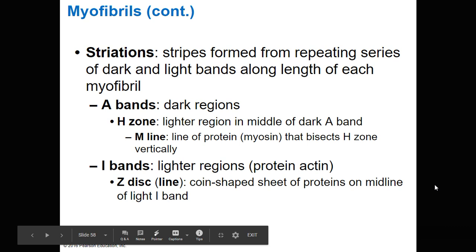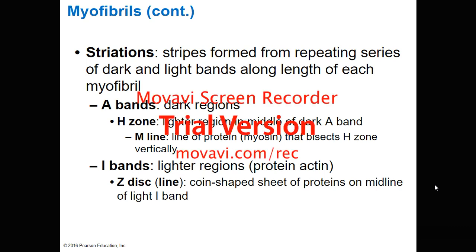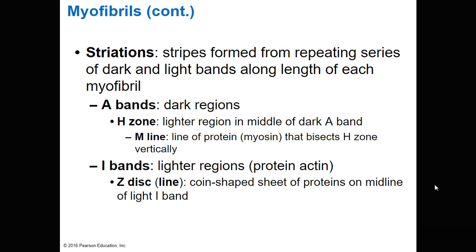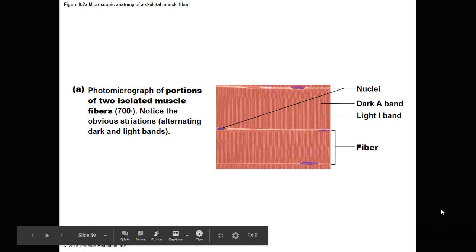The thin filaments are held in alignment at the Z disc, and they are anchored to the sarcolemma at the Z disc also. So the Z disc anchors to the sarcolemma, which is the plasma membrane of the muscle cell.